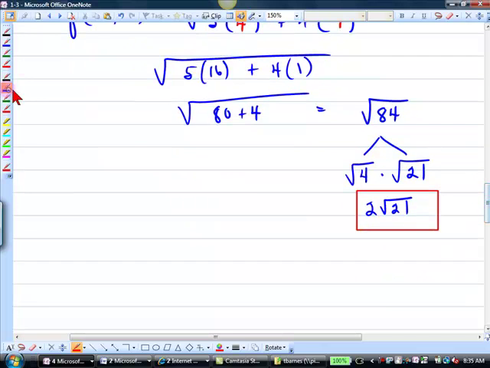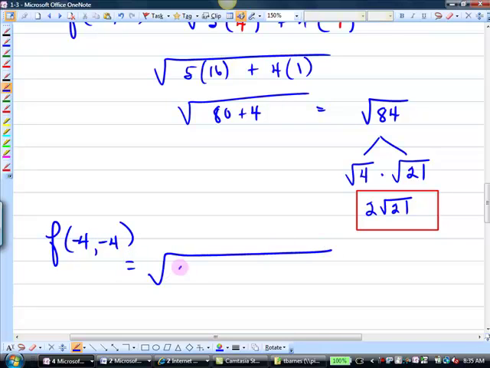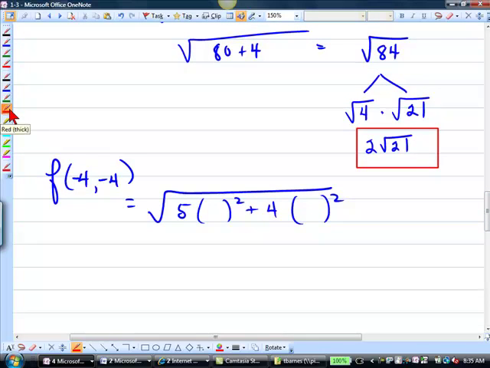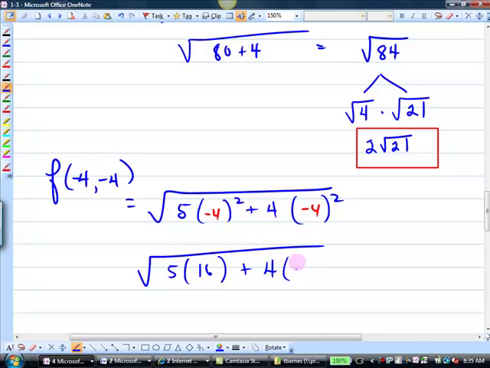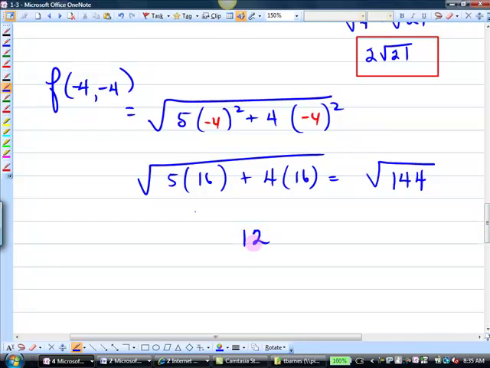All right. So then we're doing f of negative 4, negative 4. And we've got... I left out a little step, but I think you'll get it.